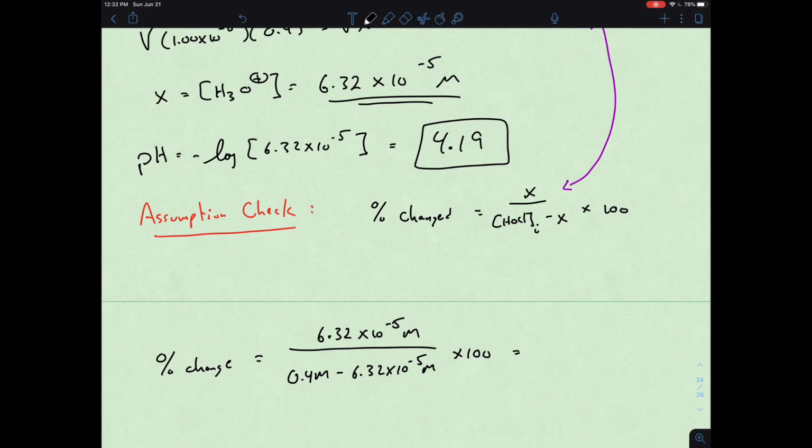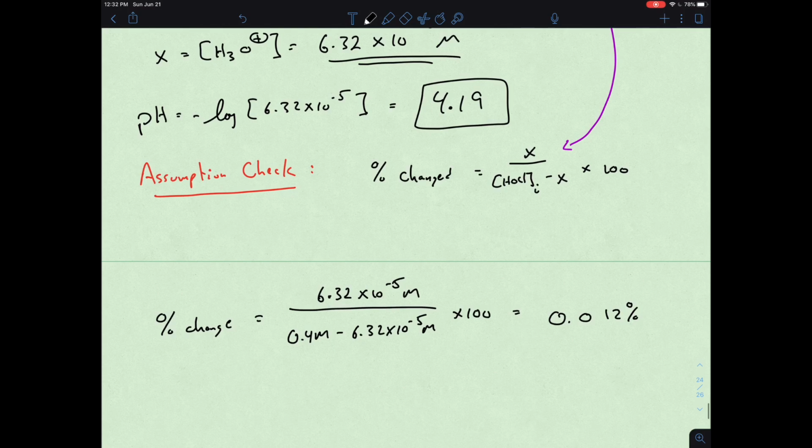And we end up with percent change equal to 0.012% change. That means that we have a good assumption. And so our answer is 4.19.